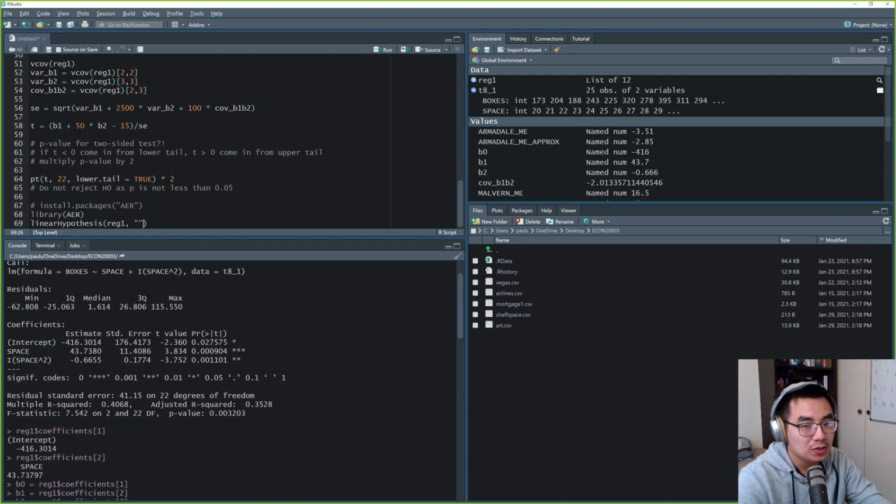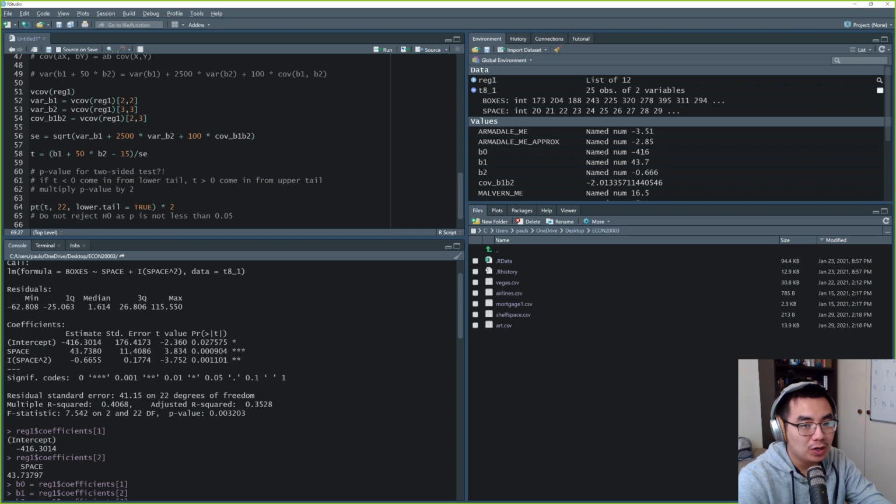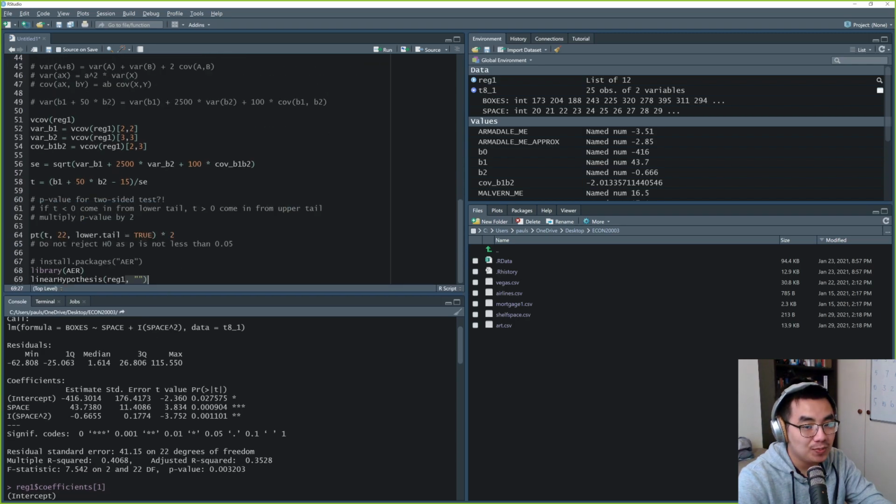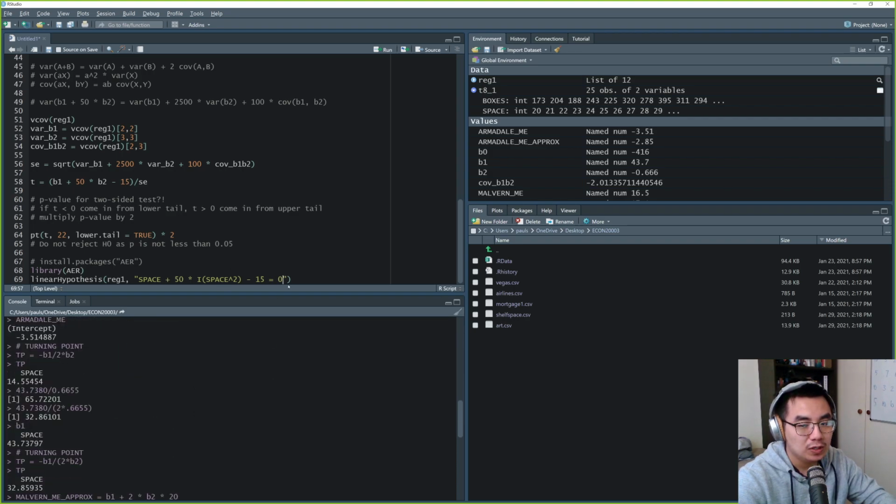Remember what it is? Beta 1 plus 50 times beta 2. So beta 1 plus 50 times beta 2 is this quantity here, minus 15 is equal to 0. That's how you would enter it into R.